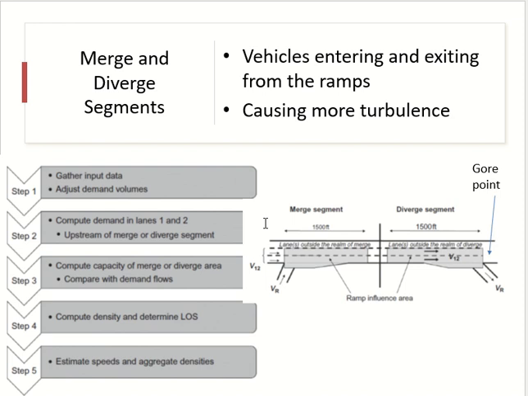They are saying the immediate two lanes of the ramp, up to a distance of 1500 feet. This is called the influence area of the ramp, whether it is an on ramp or off ramp.